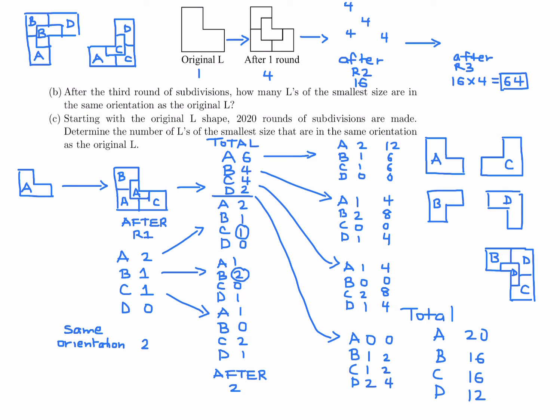All right, now we can answer the question. After the third round, after 3 rounds, how many L's of the smallest size are in the same orientation as L? Well, the original orientation of L was A, so how many are in the same as A? According to our table, the answer is 20. So that completes part B.